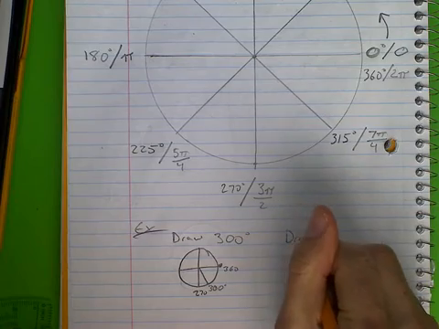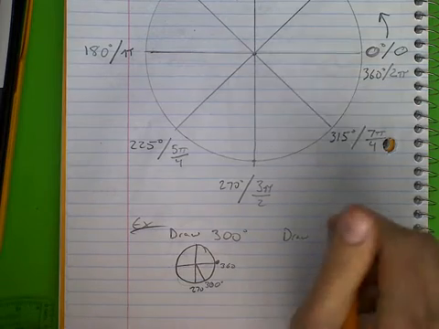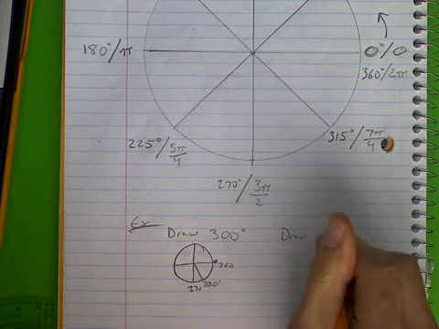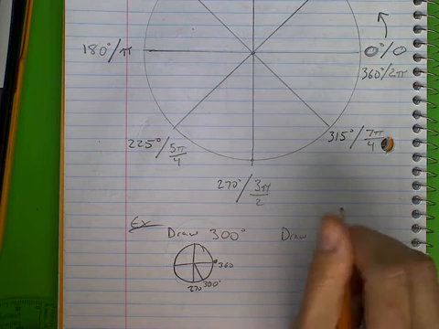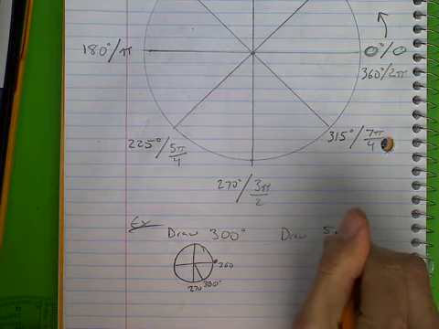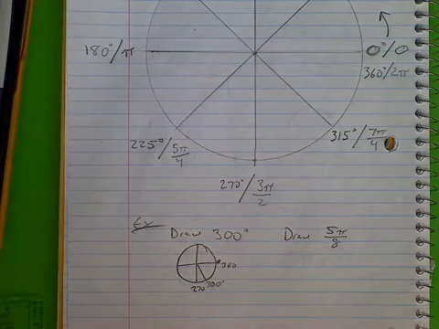Similarly, what if I wanted to draw, let's say, 5 pi over 8.